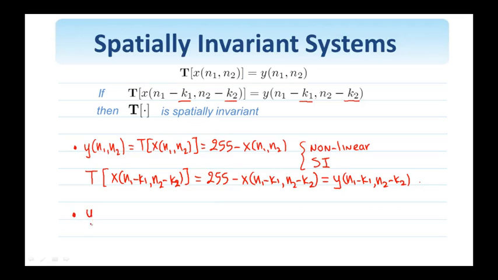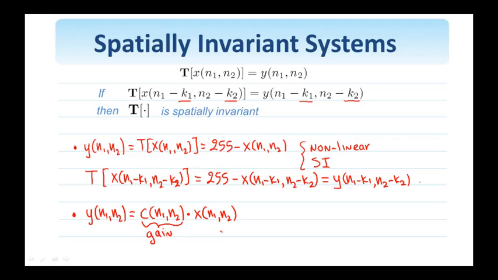So the system that takes the negative of an image is nonlinear but is spatially invariant. As another example, consider the system that multiplies the input by a time varying gain. This c is a gain that changes according to the location of the pixel, n1, n2.